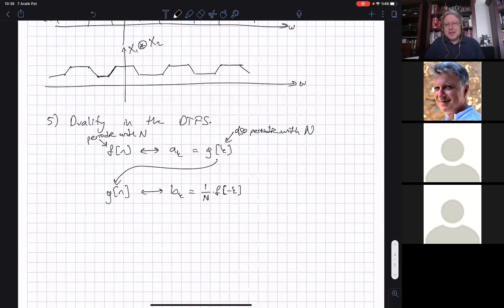You see, f of n was our original signal. Now I have f of minus k. It's the flipped around version of f of n, in other words.